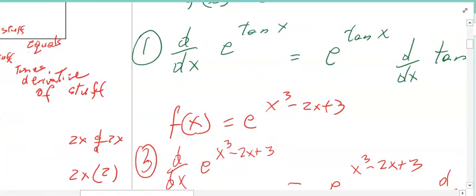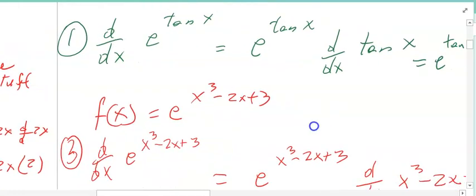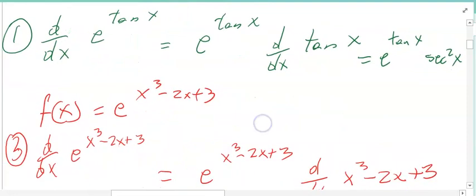Now let's look at another problem. f of x is equal to e to the x cubed minus 2x plus 3. What's the derivative of that?